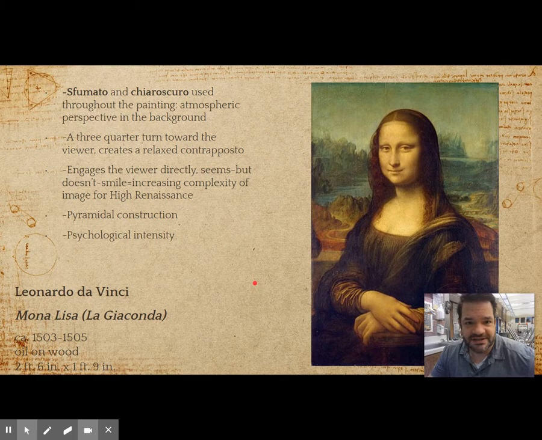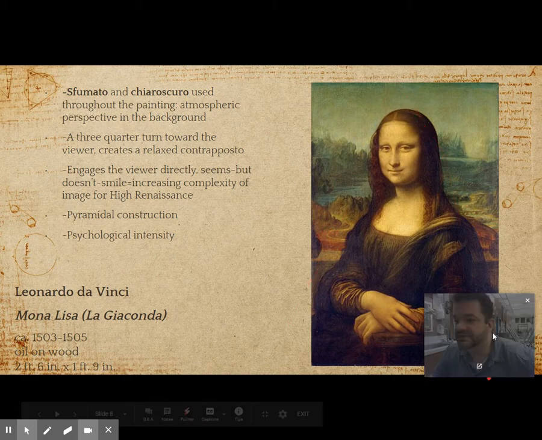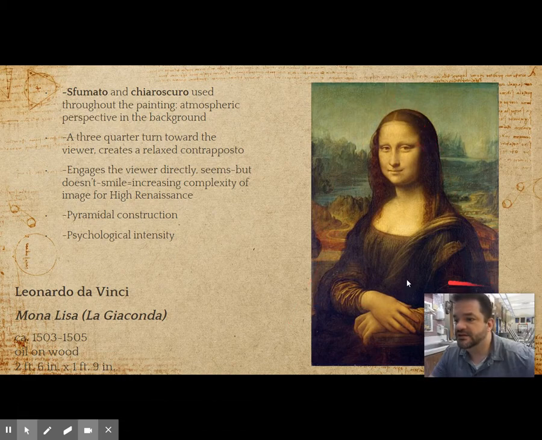Now, Mona Lisa, we've talked about her in the past, but there are a couple of things highlighted within this piece that are important to note. First of all, we get this nice triangle composition, and that is very Renaissance.